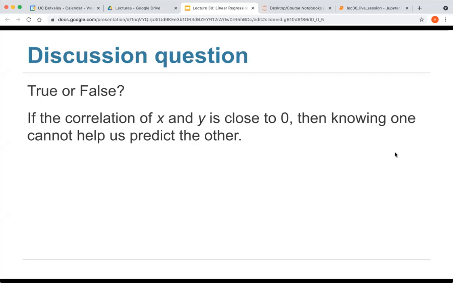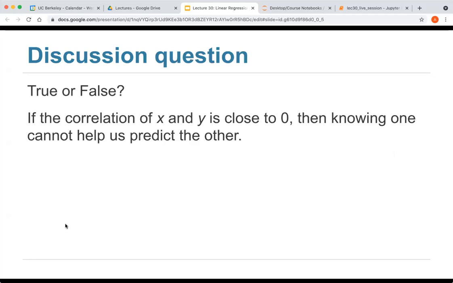Yes, so false because you could have a nonlinear relation. You can have a very strong nonlinear relation, in which case you can predict y from x almost perfectly. And so I'm delighted that you have all picked up that not correlated does not mean not related.